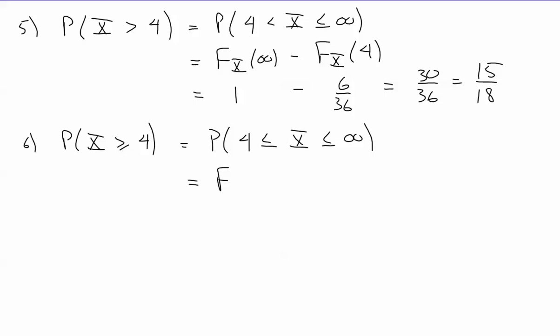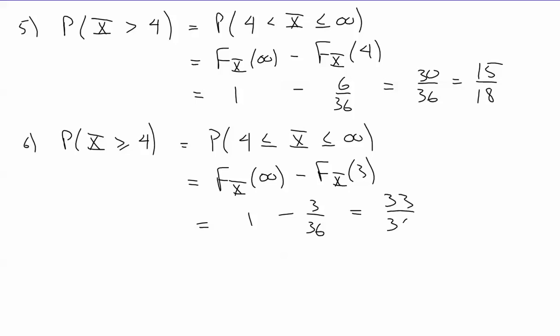So it's going to be the cumulative distribution function evaluated at infinity minus the cumulative distribution function evaluated at 3. I'm going to throw away the probability of being less than or equal to 3 in this case. That's going to be 1 minus 3/36, and that works out to 33/36.